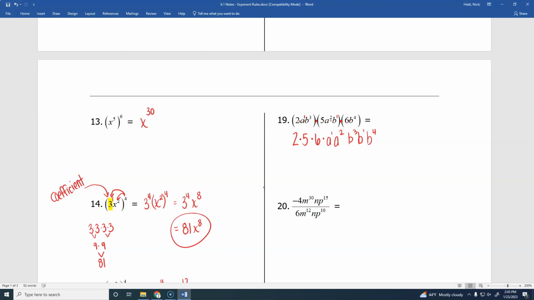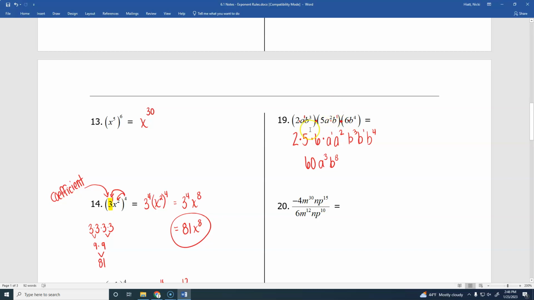What is 2 times 5 times 6? 60. Right there. Then how many A's do I have? 3. And how many B's? Nope. I've got 8. Because this B right here doesn't have an exponent written, but there's 1 of them. So if there's no exponent written, you want to add that 1.